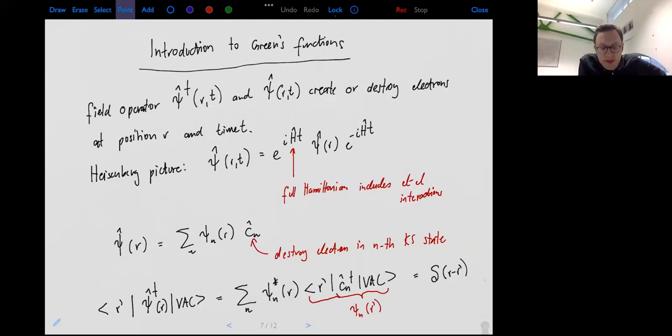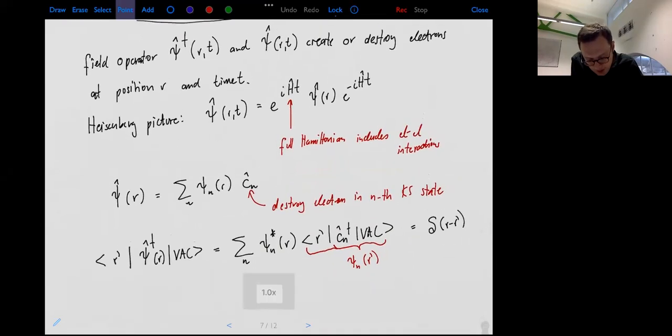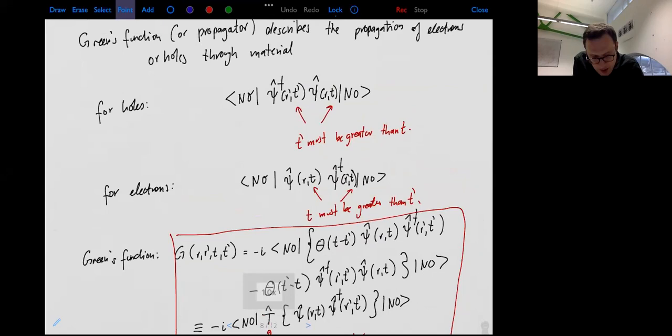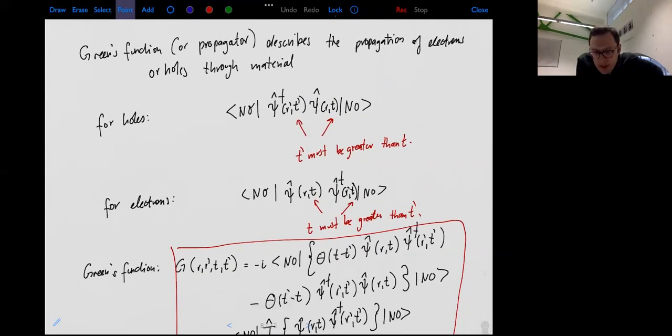And a field operator is basically an operator that adds or removes electrons from a material. So we discussed that concept for a little bit. And then the Green's function basically describes the propagation of electrons and holes through a material.